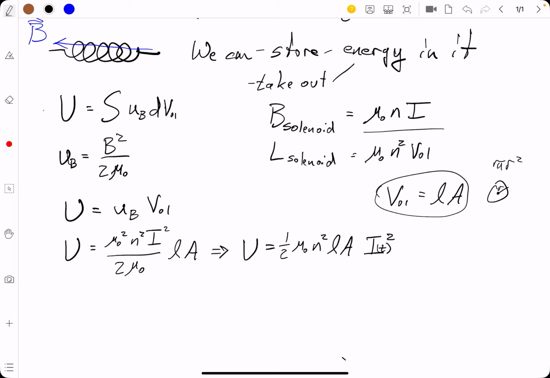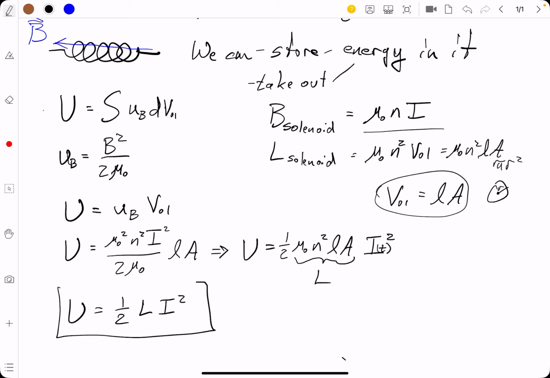Well, what is the inductance of a solenoid? A solenoid's inductance is mu naught n squared LA, right? How about that? So our energy is equal to 1/2 our inductance times our current squared.